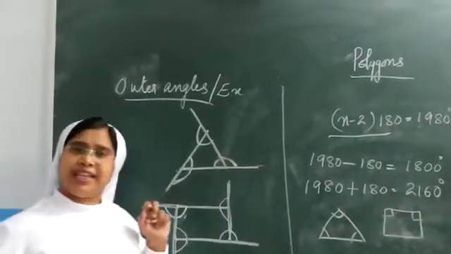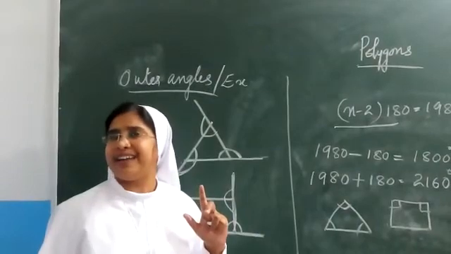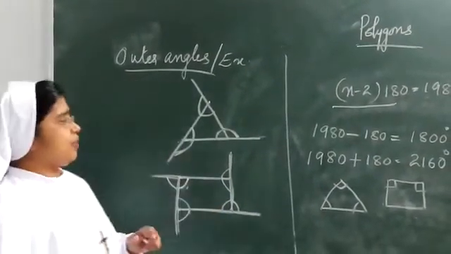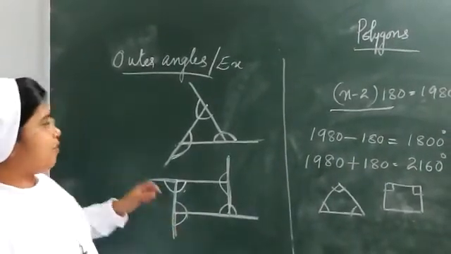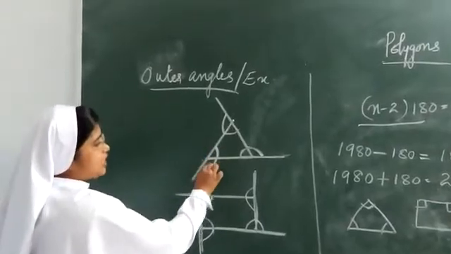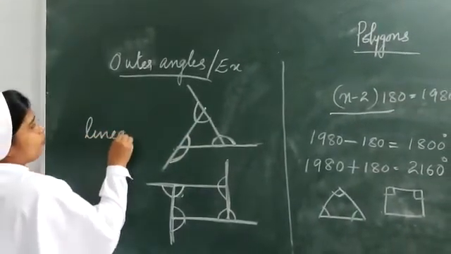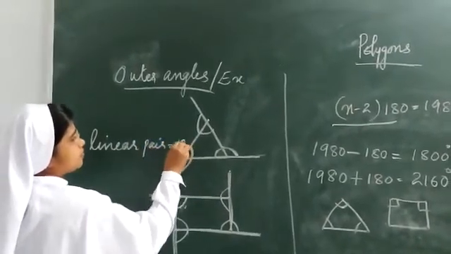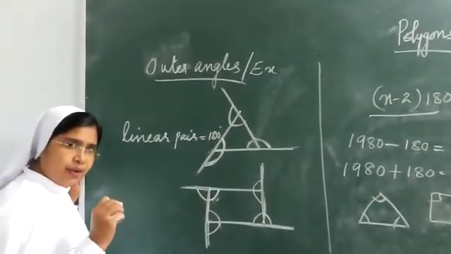What is the sum of the linear pair? Do you remember? Is anyone remembering? Some of you are remembering and some of you may be thinking, I am not remembering. Maybe. Here, what is the sum of the linear pair? The sum of the linear pair is equal to 180 degrees.